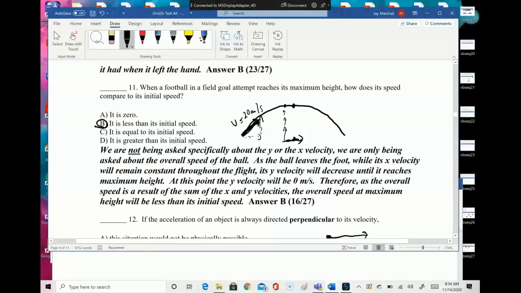I could say, like on this one, a football in a field goal attempt reaches its maximum height. Instead of saying how does its speed compare to its initial speed, I might just ask you what is the vertical velocity at that point, okay?